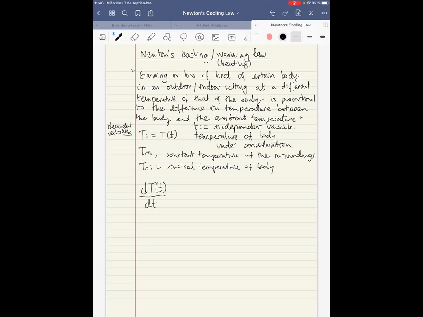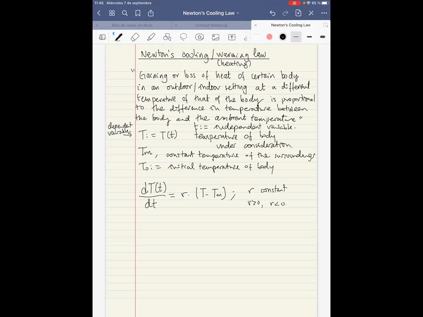So what the law says is that the differential of the temperature of the object with time is proportional, let's say R is this constant of proportionality, to the difference of temperature between the body under consideration and the temperature of the surrounding ambience. So R is going to be constant, and R can actually be positive or it can be negative.